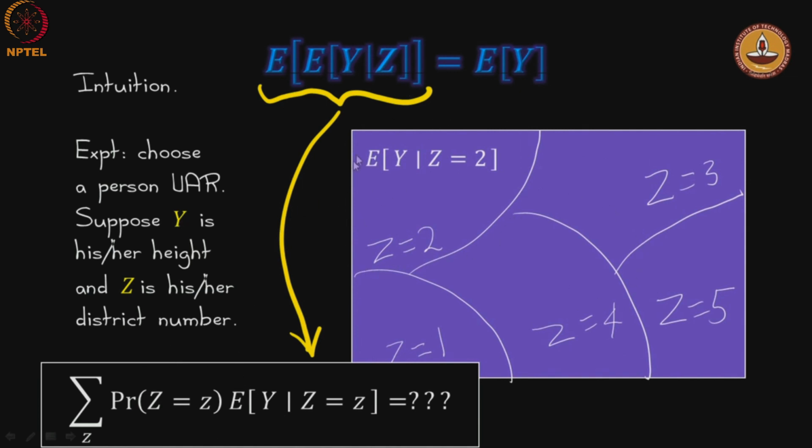For each of these regions, we take the expectation of Y given Z equal to that particular Z value, and then we weight that by the probability that Z equals that value. Okay. And we sum it over all possible Z values. That will give us the left hand side. The way to think about it is, you look at each one of these as a district, you look at the average height for each district, but then you weight it by the size of those districts. That is what you have on the left hand side.